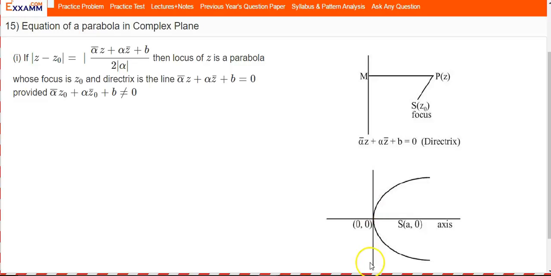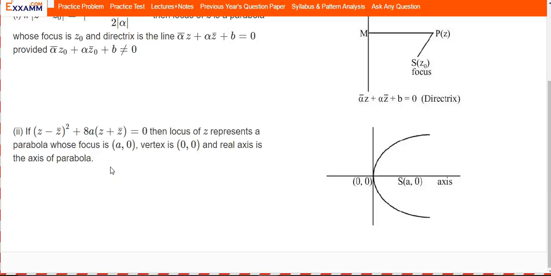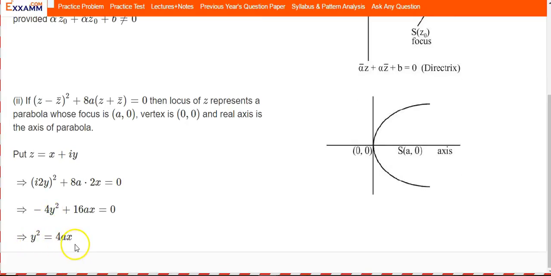Now we know that the equation of parabola which is opening in this direction is y square is equal to 4ax. Now how do we write that equation in the form of z and z bar? Here we have written it, we have started with the answer, z minus z bar square plus 8a into z plus z bar, but I would suggest that you start with y square is equal to 4ax, and replace y with z minus z bar divided by 2 and x with z plus z bar divided by 2.